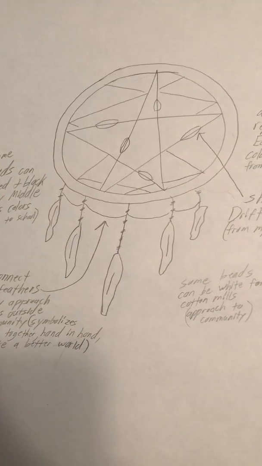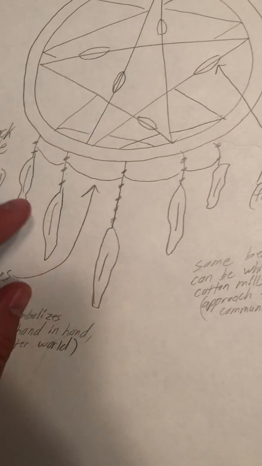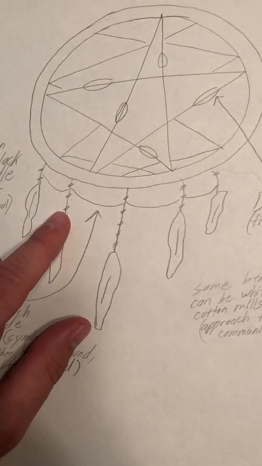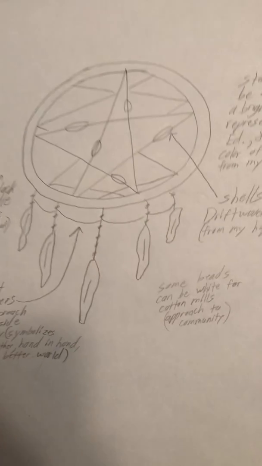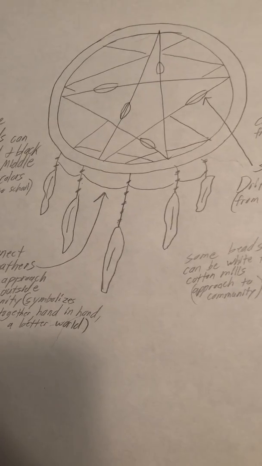As far as the connection to my school, and again, it might be a little difficult to tell because they're not colored, but these are going to be beads. Some of those beads are going to be red and black because those are my school's colors.